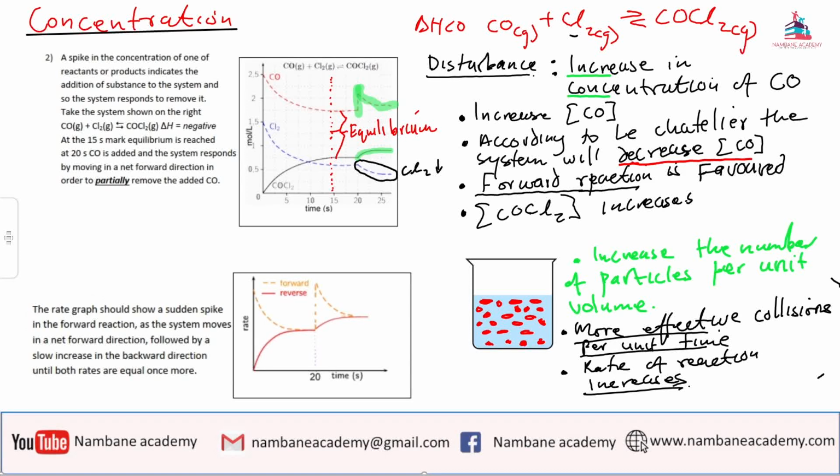Why? Because now the particles that are being increased by changing or increasing the concentration basically now says what? Increase in concentration increases the number of particles per unit volume. So if we have more particles, more effective collisions per unit time.